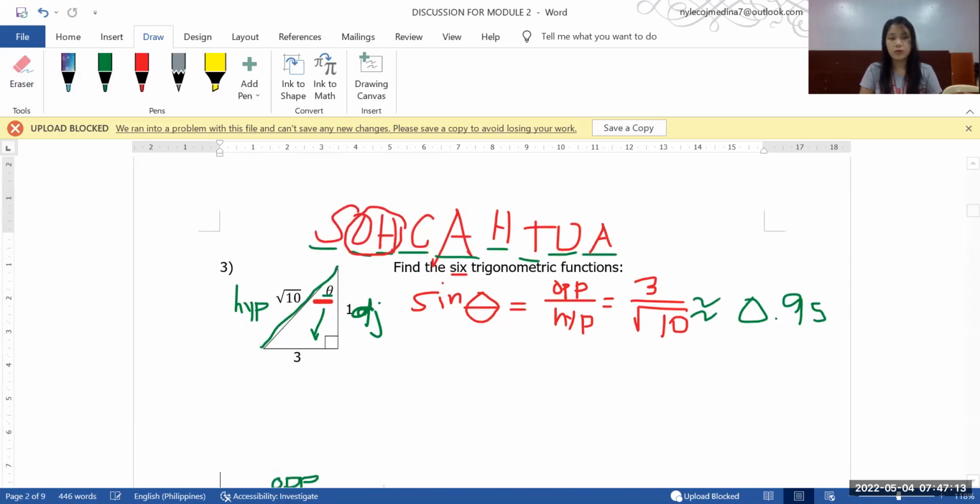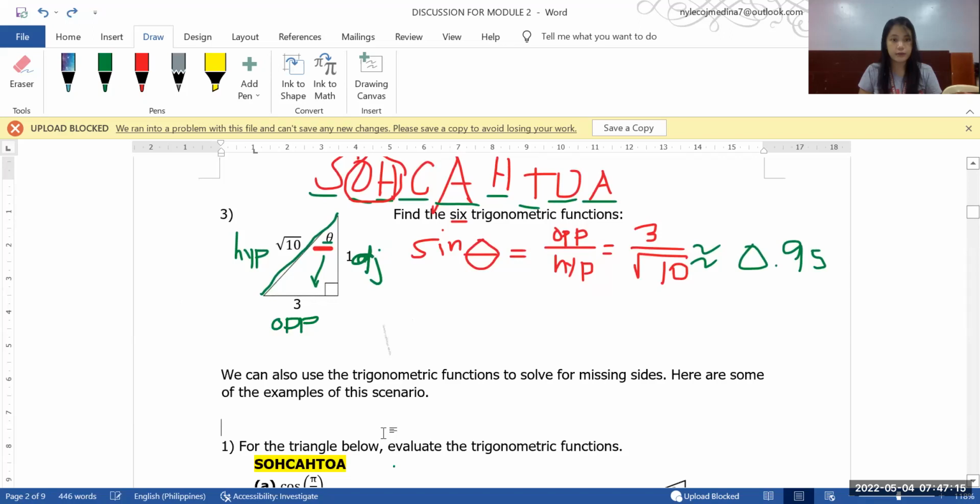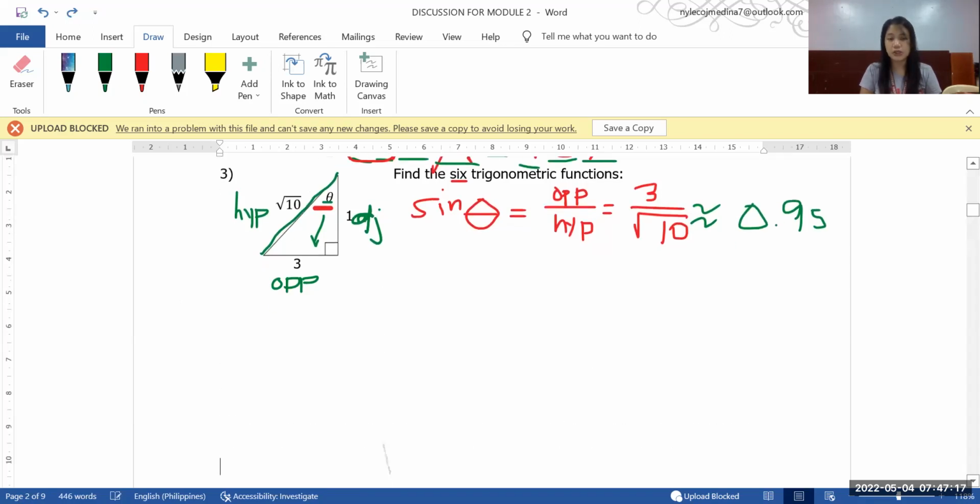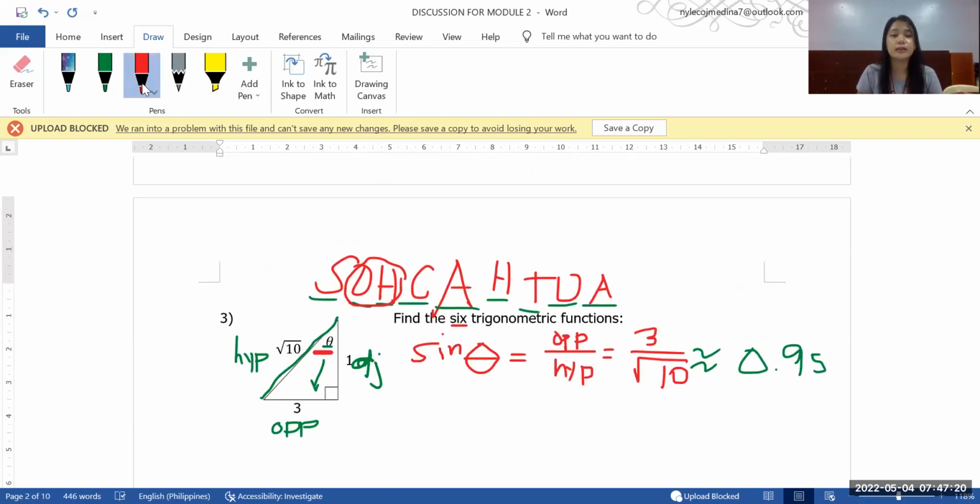Okay. So, we are now ready to find the remaining values, which are five more. Next is your cosine theta. Cosine, based on the given, is your adjacent over hypotenuse.